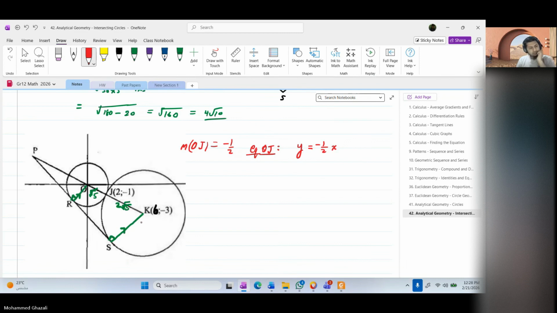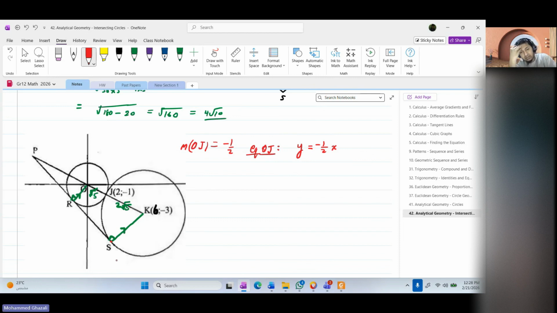Now, in this case, we have RS. We have the point K and we have the point S here. How is that helpful? If I want to go and find the equation of the line PS, how would I find that? Because I don't have a gradient going in this direction.